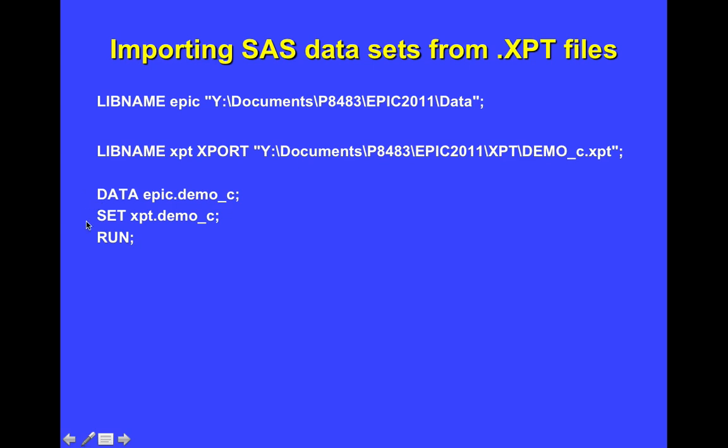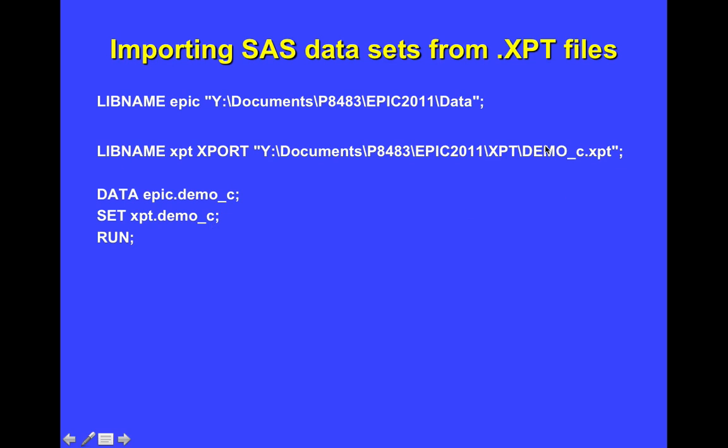So this would look like any other data step. We're telling SAS with the data statement, create a new SAS data set called epic.demo_c, and then we use a set statement telling SAS, start with the data set located in the libref XPT, and the name of that data set is demo_c.